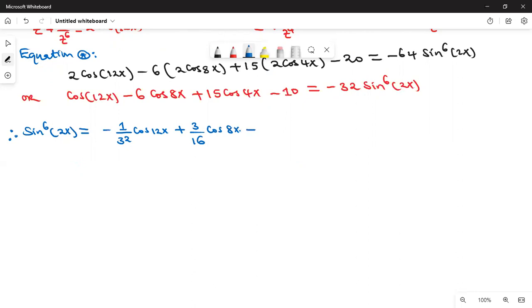Then we have minus 15 over 32 cosine of 4x plus 10 over 32, which is 5 over 16. So this is another method of verifying the identity for sine raised to 6 of 2x.